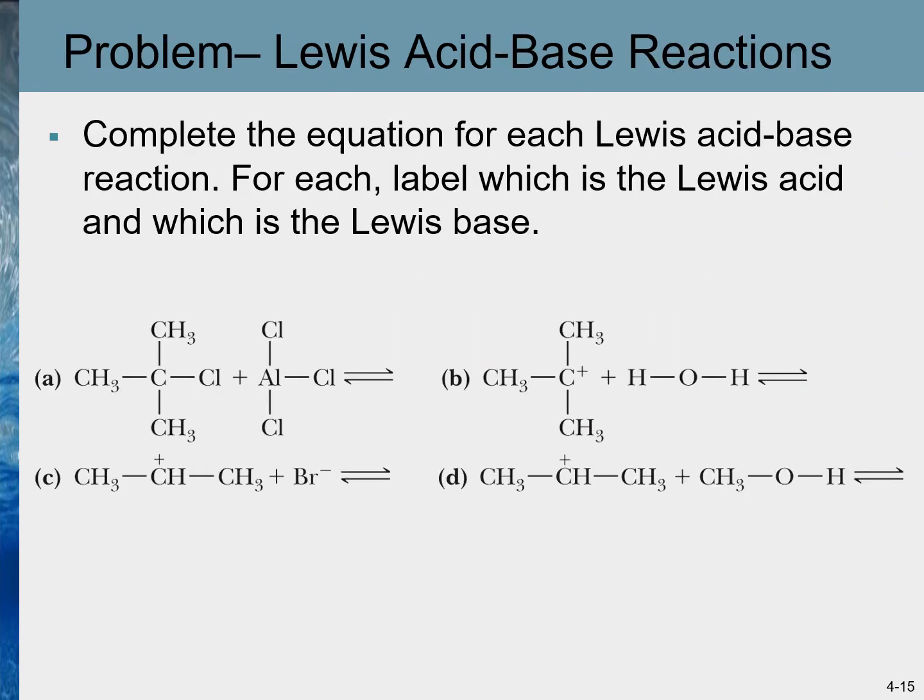Let's take a look at a few reactions in which we have a Lewis acid and Lewis base pair, and we need to label which of the following compounds are Lewis acid and which one is Lewis base. Let's solve one by one.